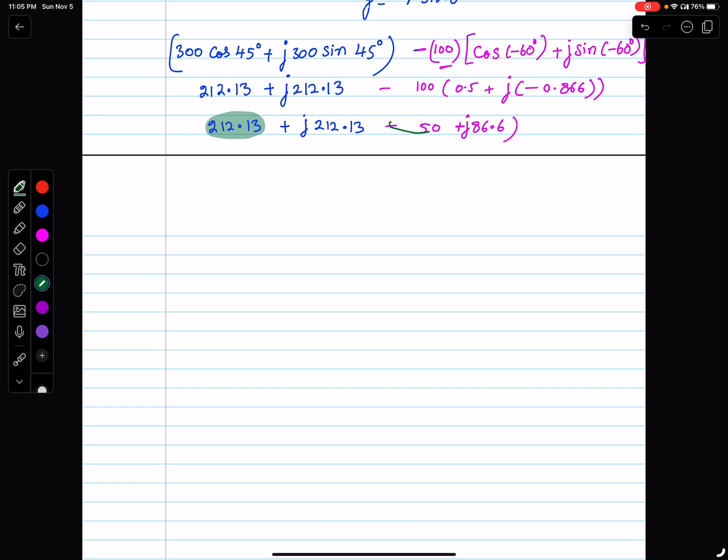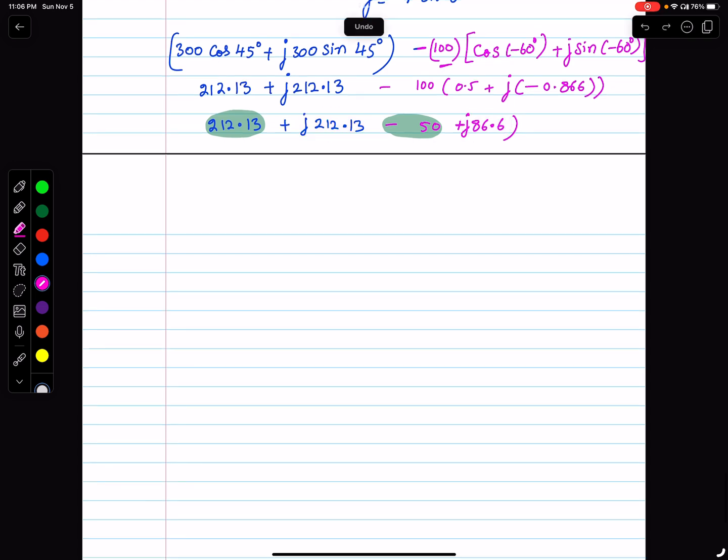So there is this real part that can be added together. I'm adding the real parts together, and the imaginary parts with the j can be added separately. Now it's simply a matter of adding these two numbers.